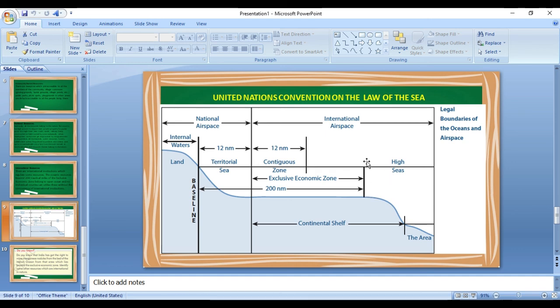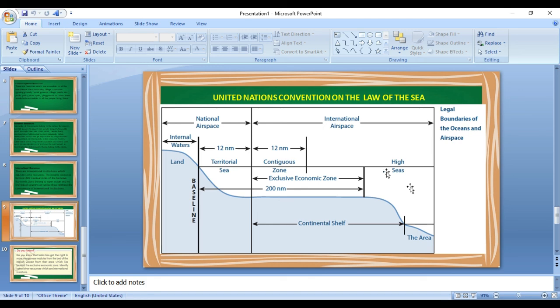Now, after these 200 nautical miles, we call it high sea or open sea, which is open to all. No country in the world has a right to mine or do anything like this. Here they can move around, they can use a path, but they cannot do any economic activity in the high sea.